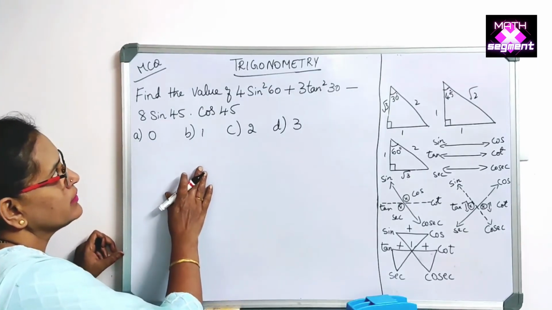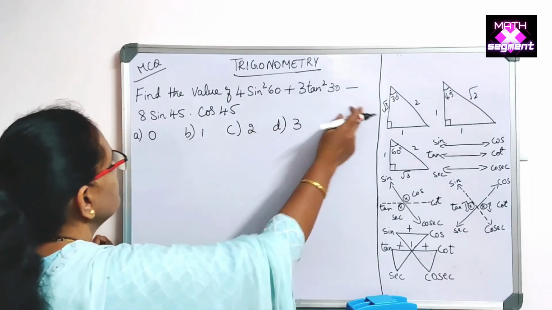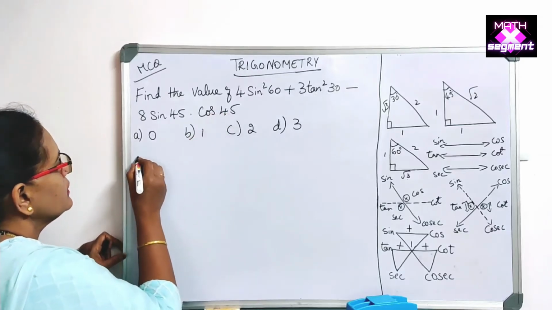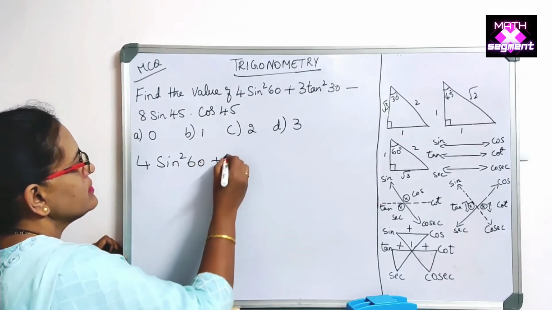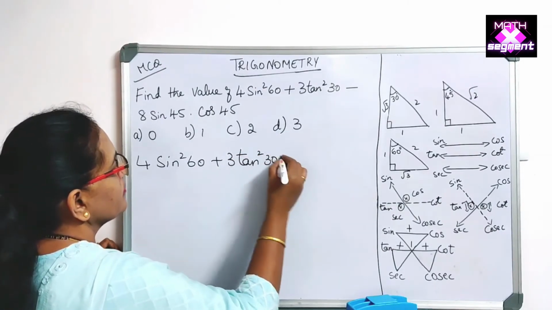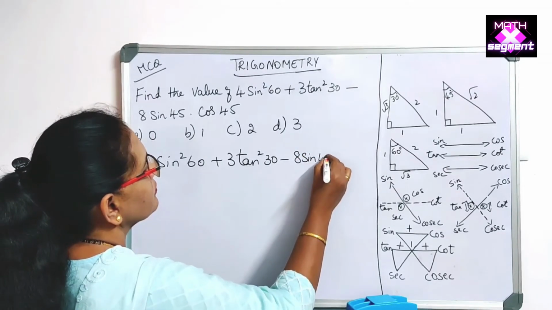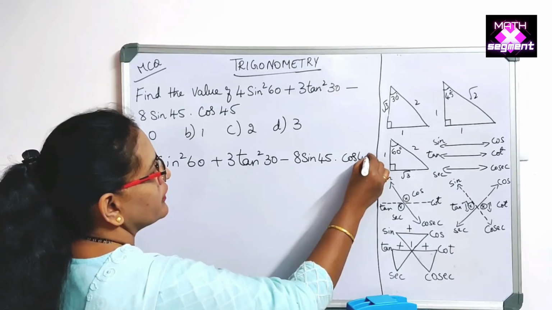So option 2 is the correct answer. Let's start the next question. Find the value of 4 sin square 60 plus 3 tan square 30 minus 8 sin 45 into cos 45. So the given expression is 4 sin square 60 plus 3 tan square 30 minus 8 sin 45 into cos 45.